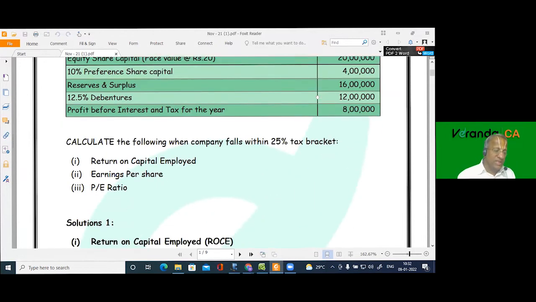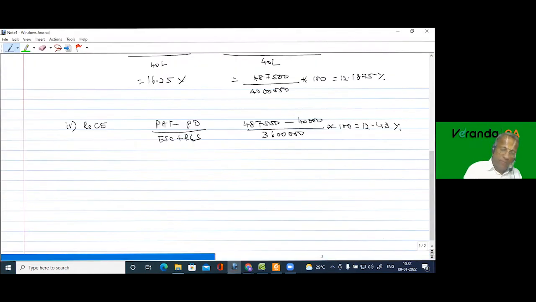Next question: earnings per share, on which there is no two opinion, single opinion only. Earnings per share is equal to net profit attributable to equity shareholders divided by weighted average number of equity shares.